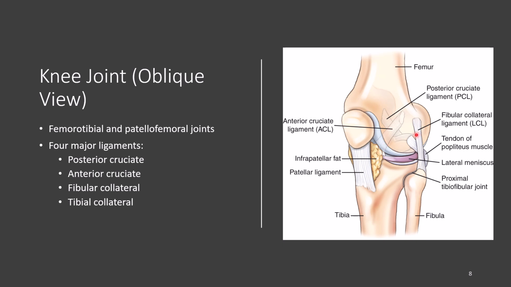You can see the posterior cruciate ligament back here, the femur, the fibular collateral ligament, the proximal tibiofibular joint right here. All of these joints are important, and the four major ligaments are the two cruciates, the anterior and posterior cruciate, and the fibular collateral and the tibial collateral.